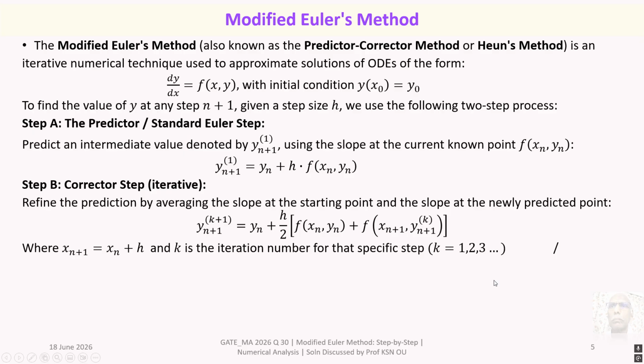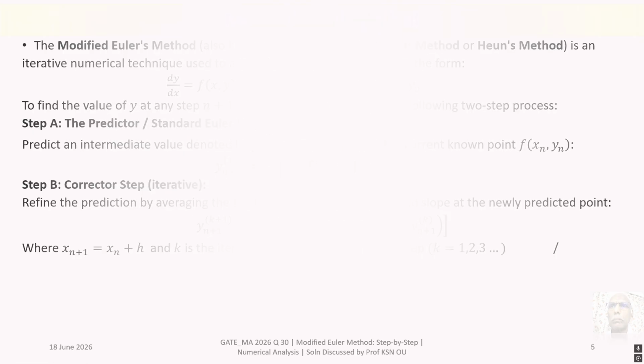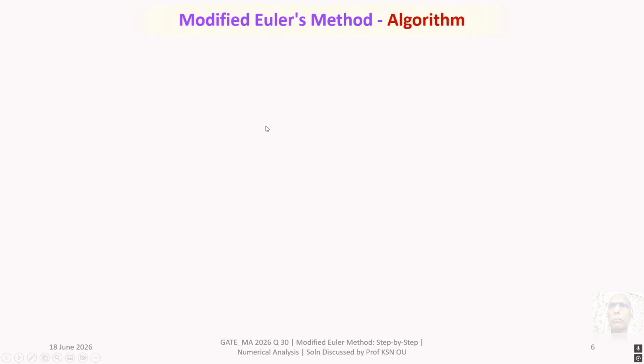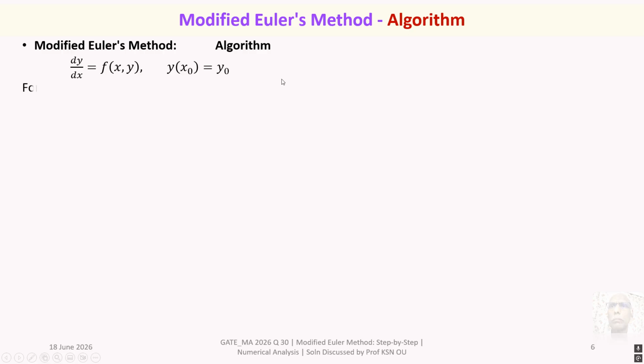So let's now talk about its algorithm, right? Modified Euler's method and its algorithm. First, we have the differential equation dy by dx is equal to f of x comma y with an initial condition y at x naught is equal to y naught. Now start.